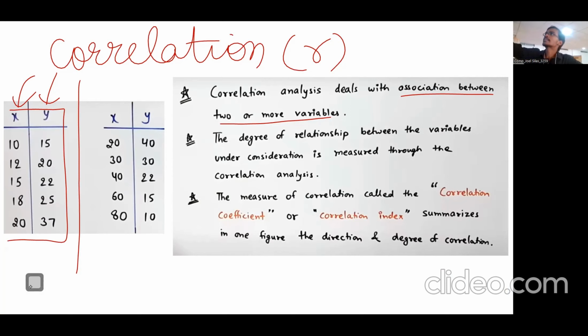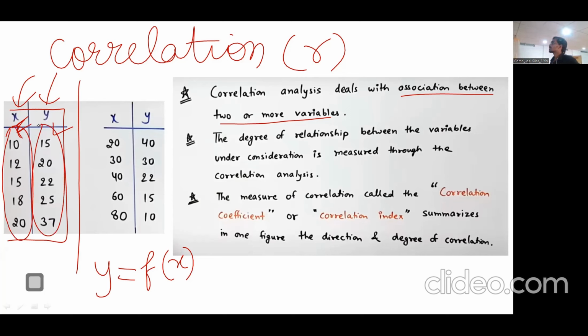And we know that X is our feature and Y is our label. So we know that Y is dependent on X, that is, Y is some function of X. So we need to observe the changes in X, and accordingly how Y is changing, we need to find out, which is given by correlation.